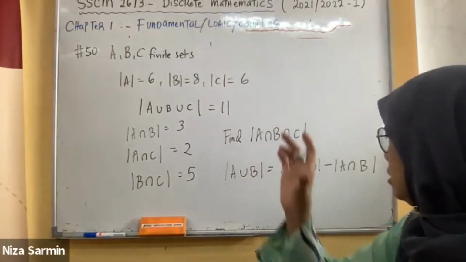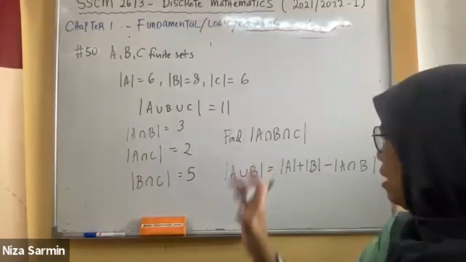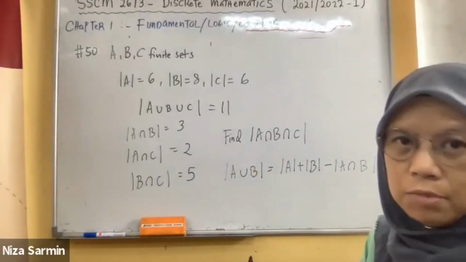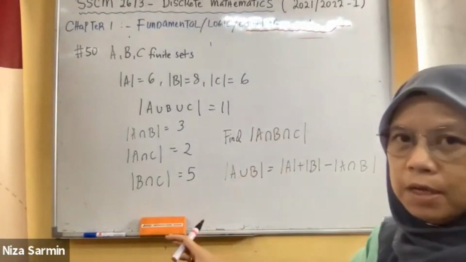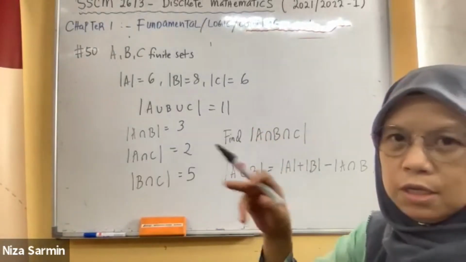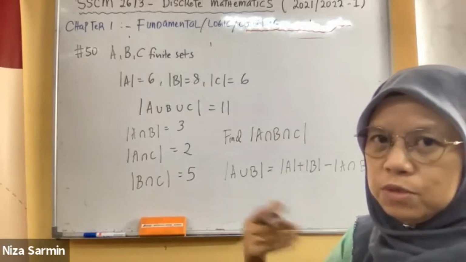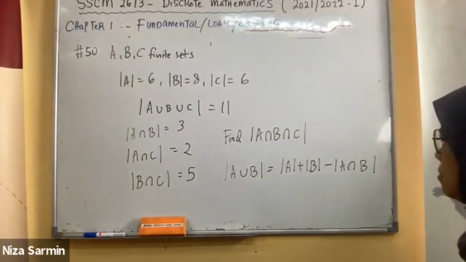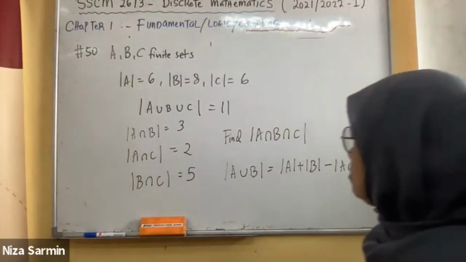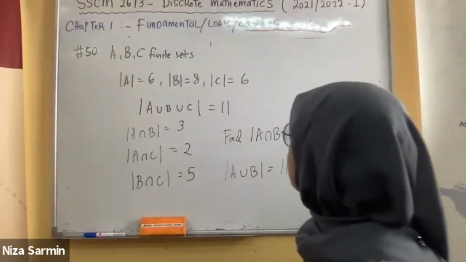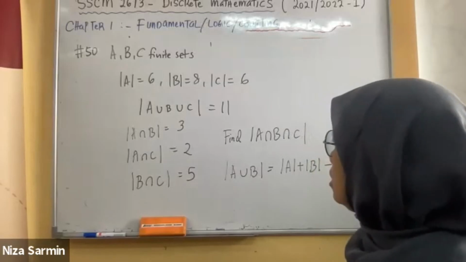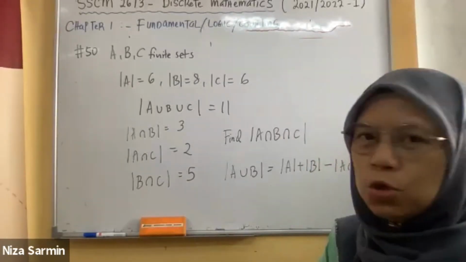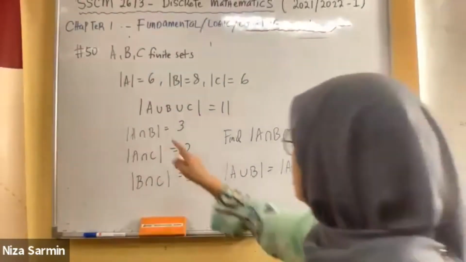The number of elements in the union is the number of A plus B, but because the intersection you add twice, you have to subtract one time. So you can just go direct by this.